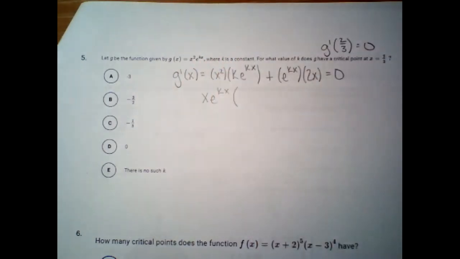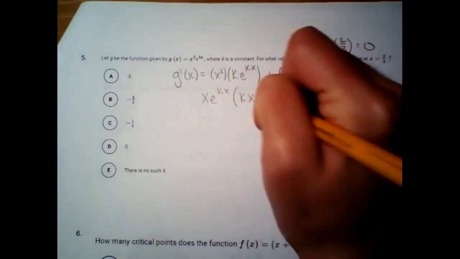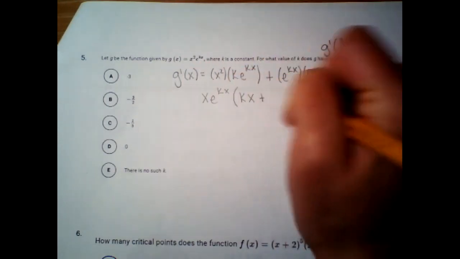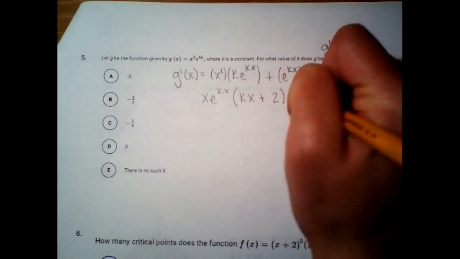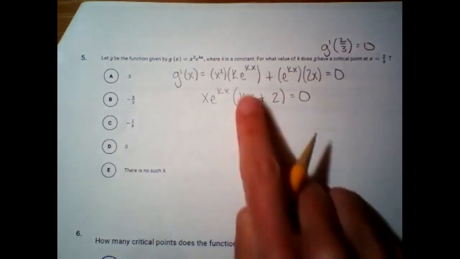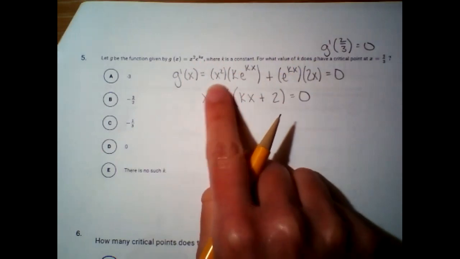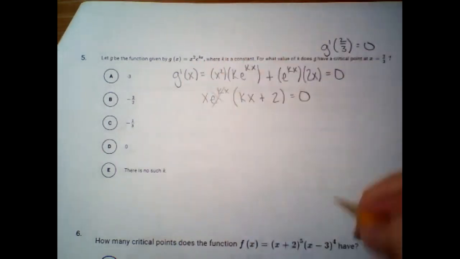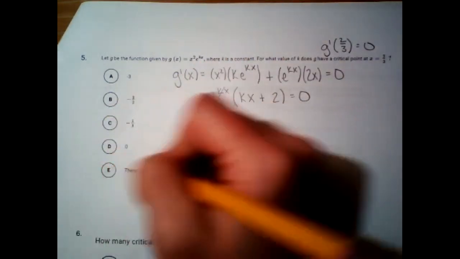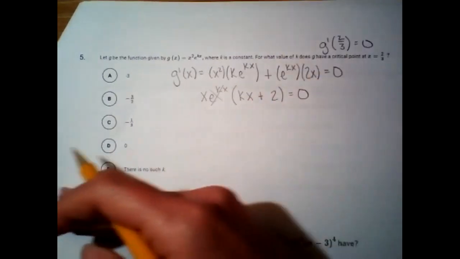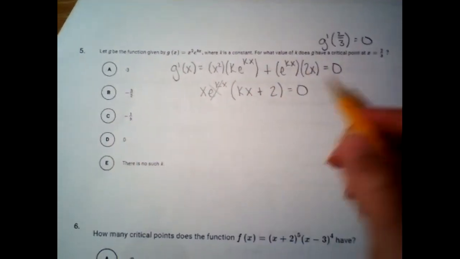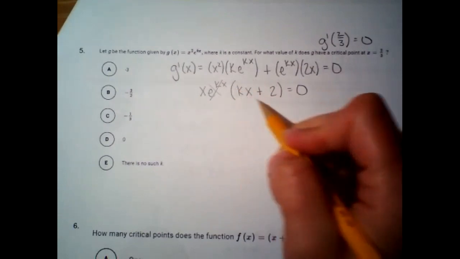So if I factor that out, I am going to be left with kx plus, what is that, 2. Now, an exponential is never going to equal 0, so I'm not going to get anything further out of this factor. Exponentials have that swoopy shape, and they have the asymptote at 0, so it's never going to touch 0. So I'm just going to work with this factor.